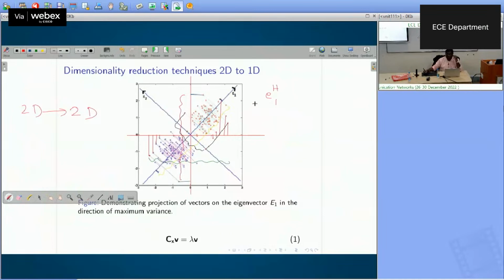You have an arbitrary vector of size 2 cross 1, which converts into a scalar of size 1 cross 1. So you choose the eigenvector corresponding to the largest eigenvalue. As this is from 2D to 1D, you choose only one eigenvector corresponding to the significant eigenvalue, which is the largest one.